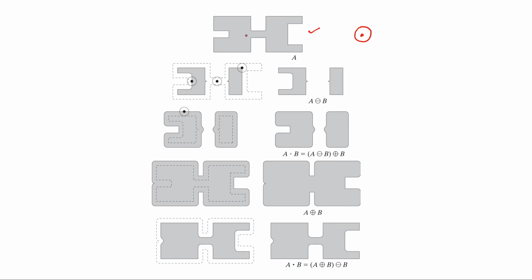Here you can see in the original object we had a connection between these two larger parts, but when you erode this image using this structuring element, that bridge has been taken off and certain sharper edges are generated. So this is how the erosion operation actually happens.